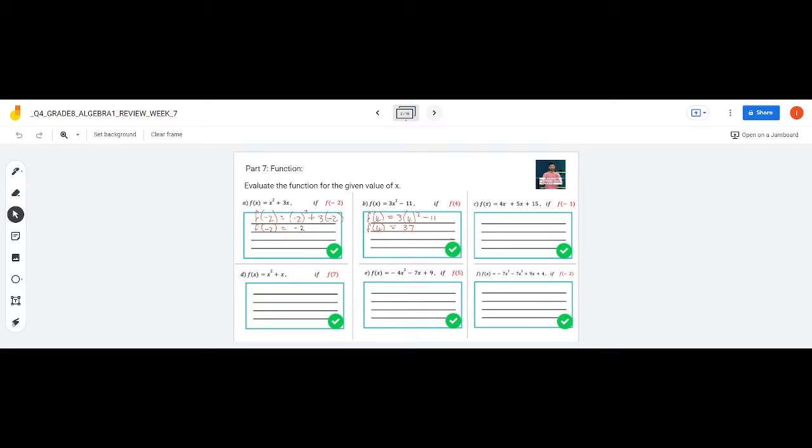And you do the same for c. So wherever there's an x, we're going to put a -1, so f of -1 is equal to 4, open the bracket, -1, close, plus 5, open the bracket, -1, plus 15. So f of -1 is equal to 6.